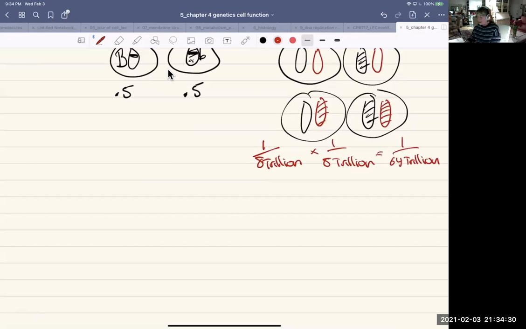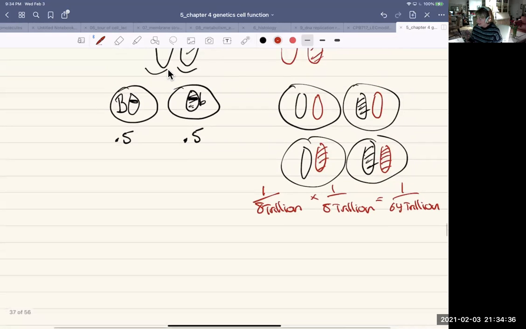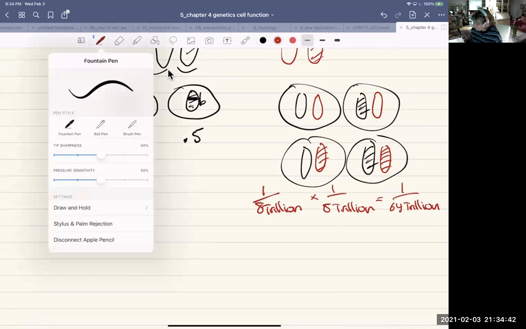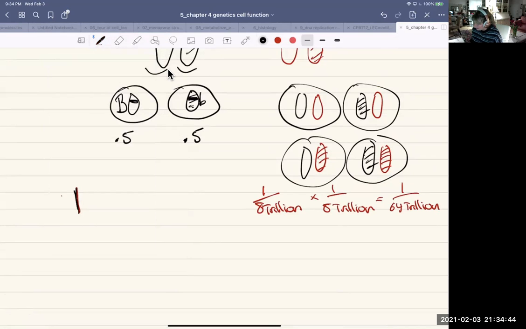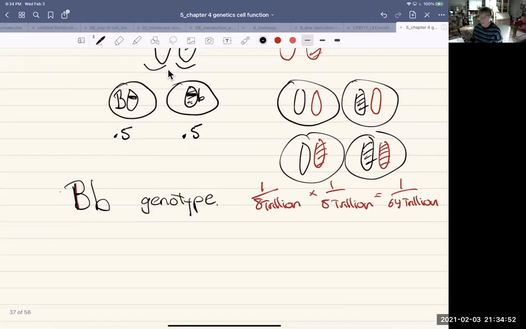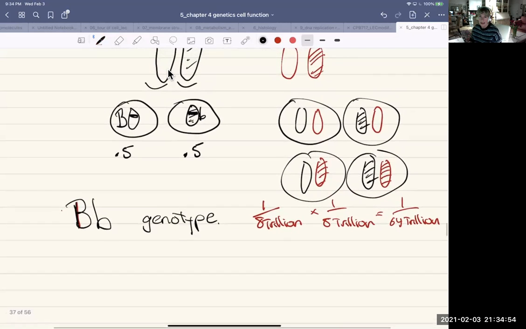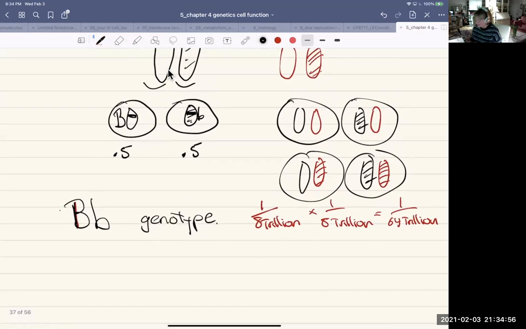But we're only going to be looking at one chromosome with one allele. So we said that this is the genotype of the individual. Now, I always like to write down what the alleles code for.